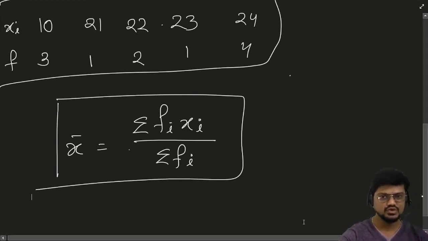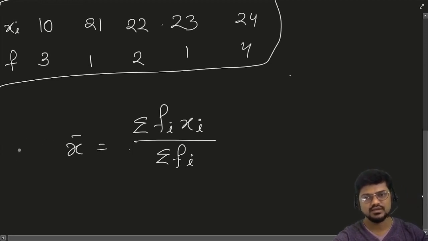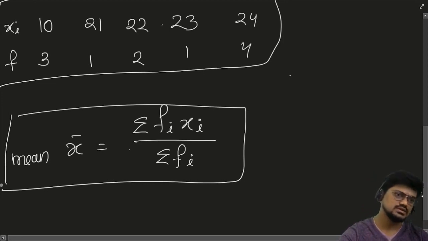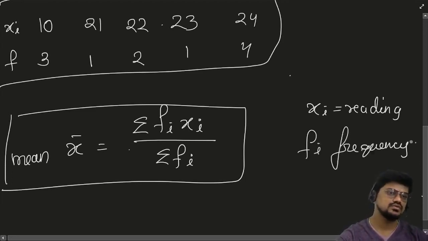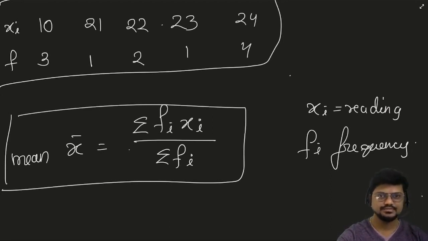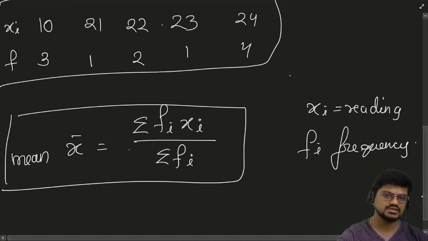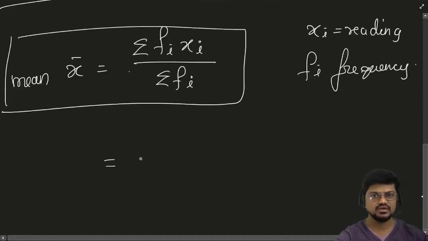To find mean, you can write this formula: summation of fi into xi upon summation of fi, where xi is your reading and fi is your frequency. The summation of fi into xi means f1 into x1 plus f2.